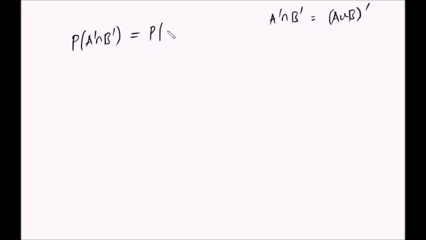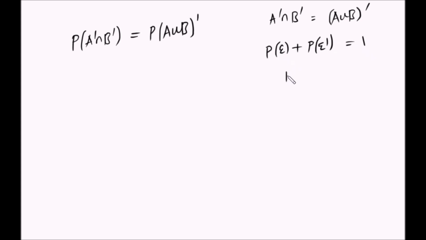Sasa we know kwamba A complement intersection B complement kwenye knowledge yetu ya set ni sawa na A union B complement. Kwa hiyo huyu pia atakuwa sawa na probability of A union B complement. Lakini tulisema kwamba the probability of E plus the probability of E complement ni sawa na 1.